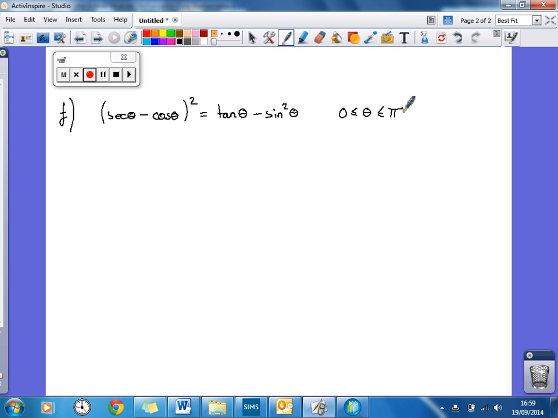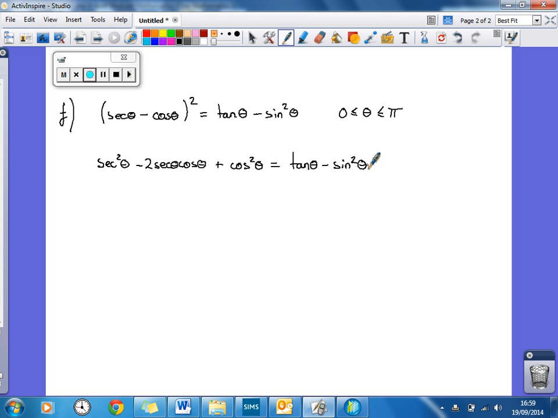I'm hoping once I go through it, you realise actually not too bad. So I'm going to expand this left-hand side. Remember, it is a double bracket. There is this middle bit. So that's that bracket expanded.